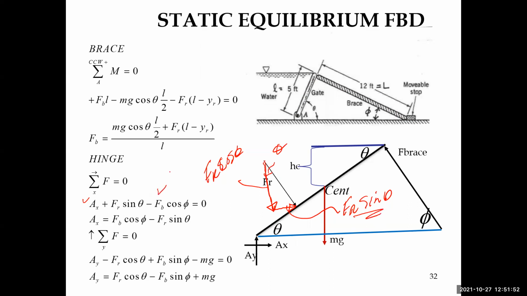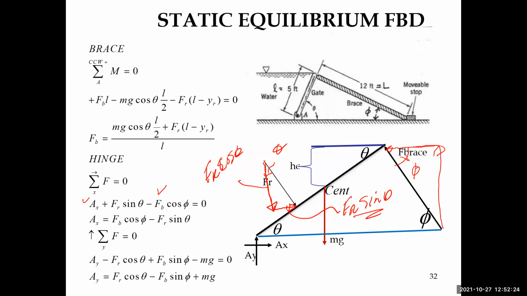And likewise, I must also break my brace component force up into X components and Y components as well. And so I can break this force up into Y components and X components. Okay. And if I do that, I know that this angle here is psi.